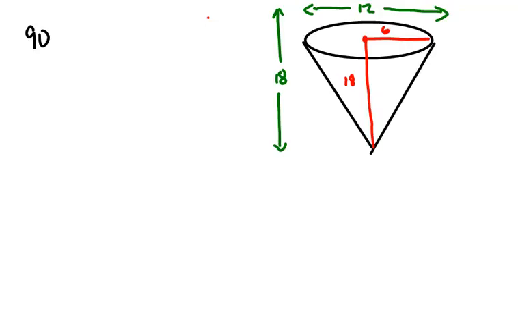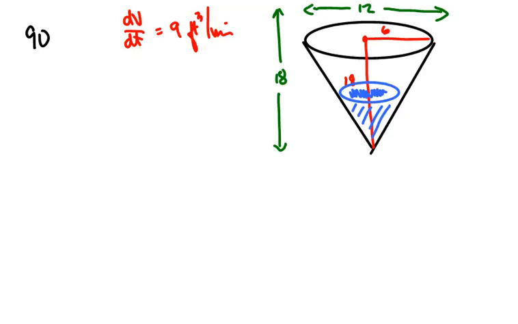Now within this cone, water is pouring in at the rate of 9 cubic feet per minute. In this case, 9 cubic feet per minute is the rate of change of volume with respect to time. That means it's a derivative. It's the rate at which the volume of water is being added into the conical tank.